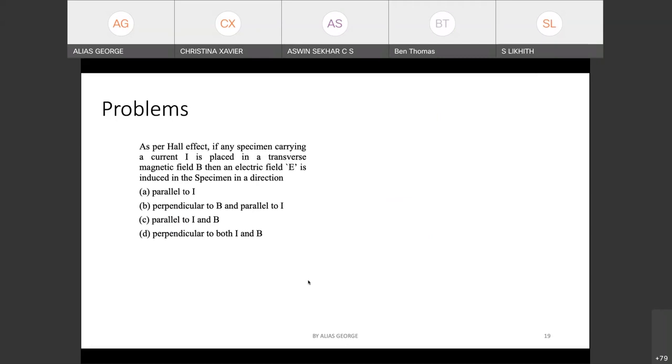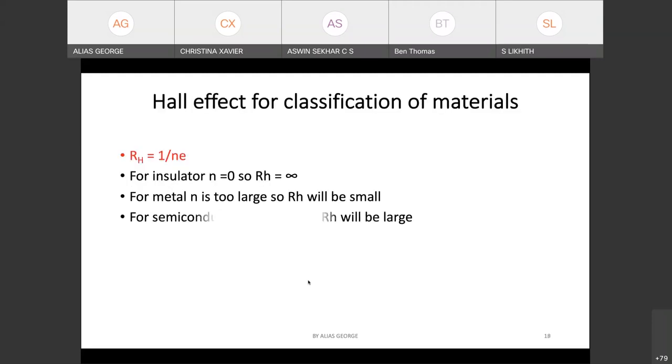If you get a negative Hall voltage, it can mean either N type or intrinsic. We can say N type or P type by looking at the Hall voltage. But an intrinsic semiconductor also gives a negative voltage. Yes, but you can compare the values.